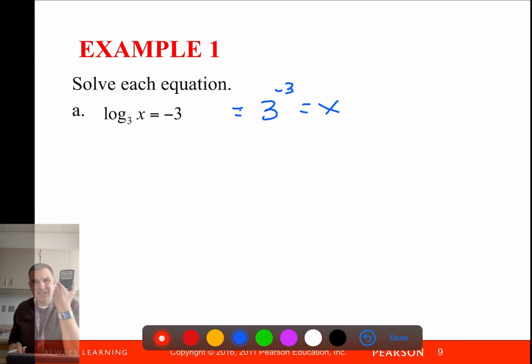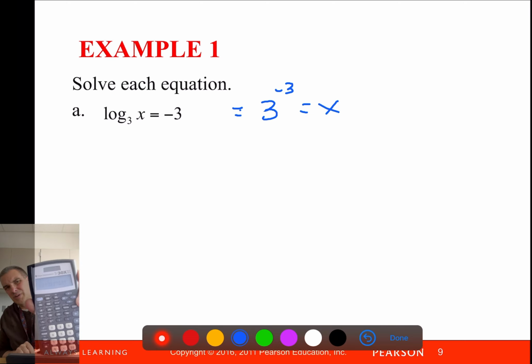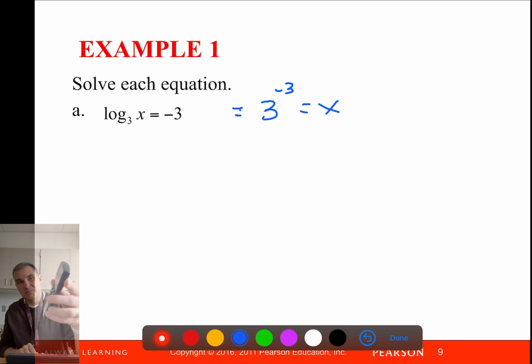We've got this handy calculator, so I can go 3 caret to the -3rd. It's 0.037, and so on. It gives us a decimal, but I want to see if that's a fraction instead. So the way you change it to a fraction is hit second, then the ABC key, and hit equals.